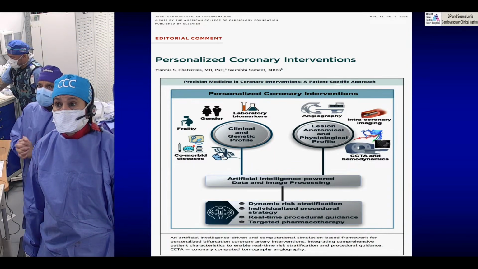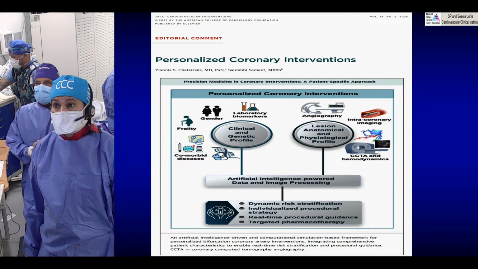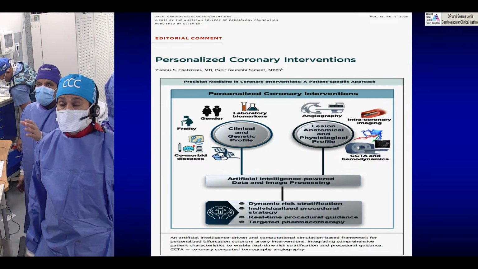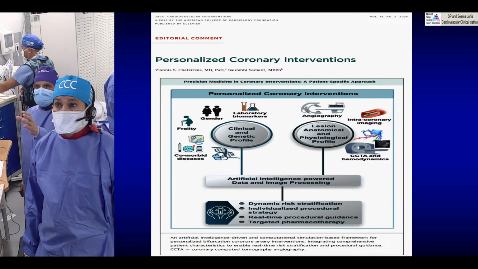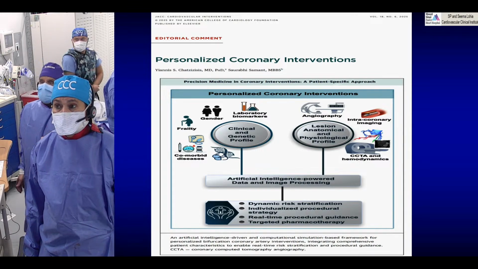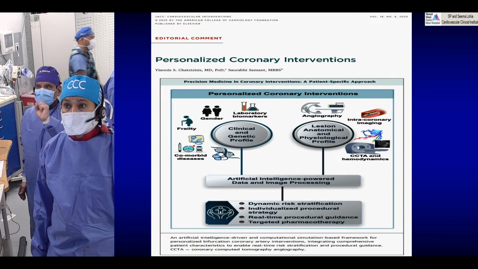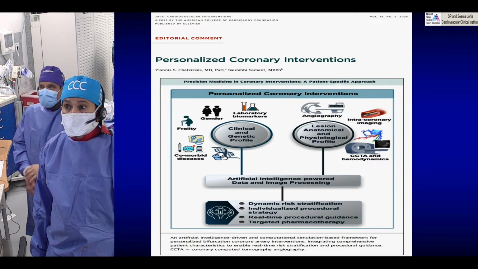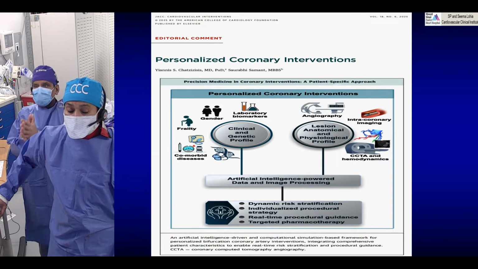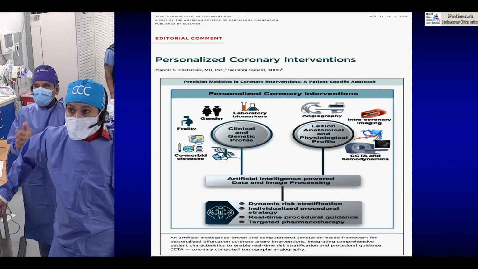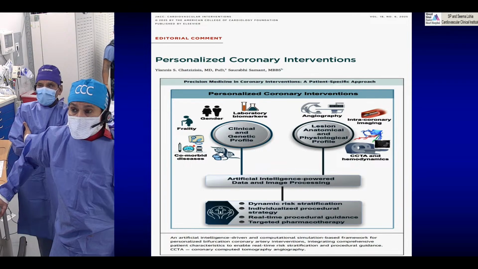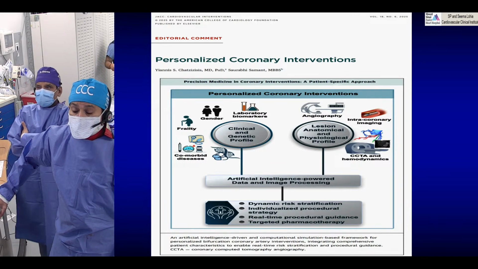They're saying personalized coronary intervention starts with the patient's clinical characteristics, laboratory biomarkers, clinical and genetic profile, then the lesion characteristics, which is where our part, the bifurcation score, comes in, and then imaging and CCTA. Based on that, artificial intelligence powered data and image processing comes up with dynamic risk stratification of these patients, real-time procedural guidance and targeted pharmacotherapy.